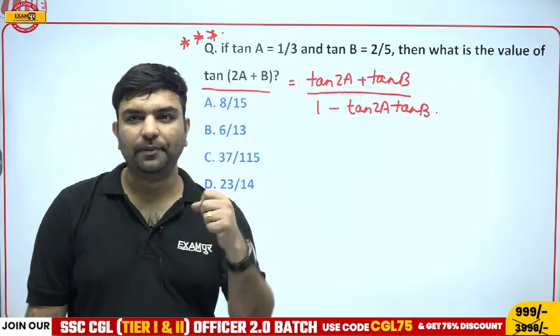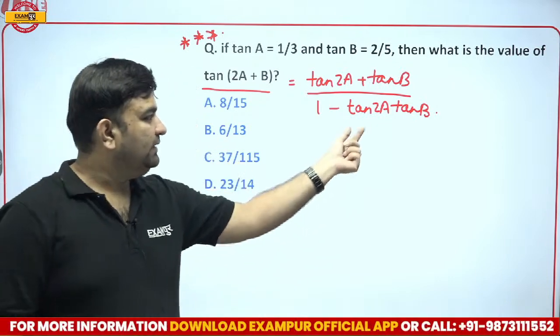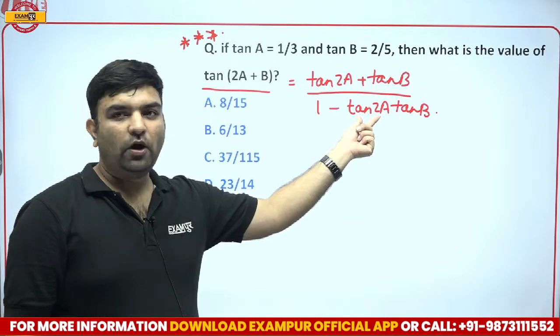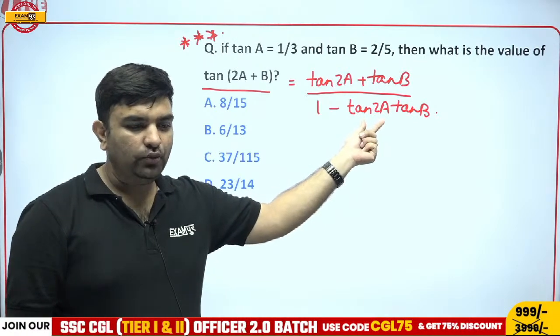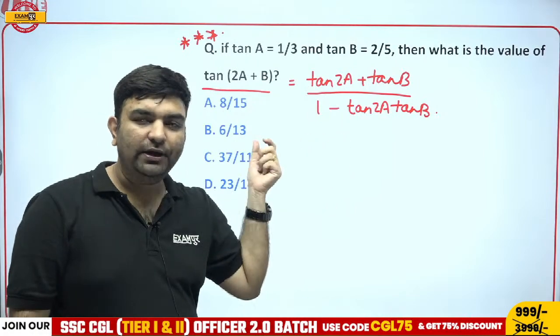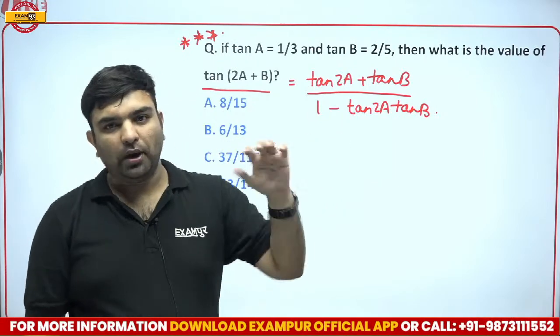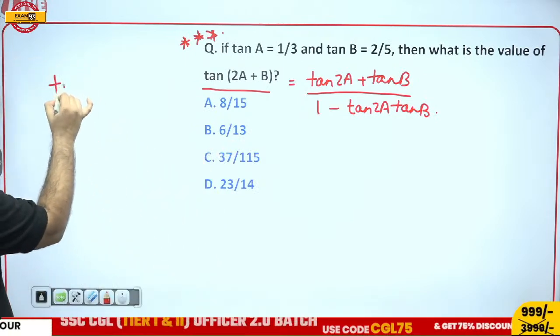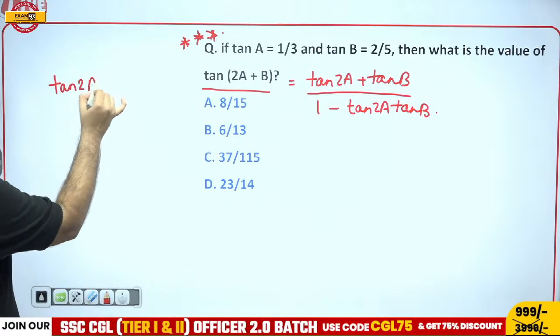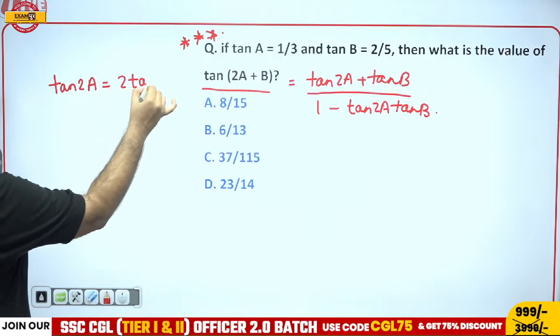Now there are two possibilities. Either use the formula of tan 2a, or find out the value of tan 2a separately. So I will go for separate, because tan 2a is 2 tan a upon 1 minus tan square a.